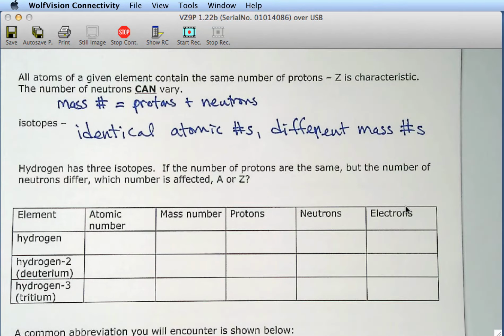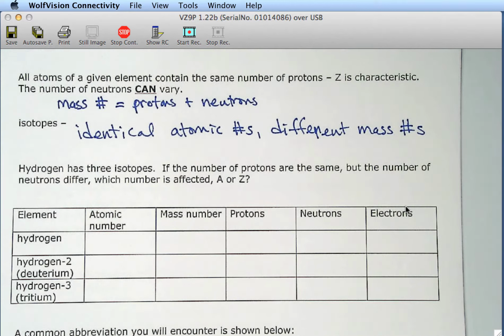So for each element, there can be several isotopes that exist. Hydrogen has 3 isotopes. It's hard to predict how many isotopes a given element will have, but they do exist, and there's a certain percentage of what is naturally occurring, but we don't get into this. In other chemistry classes, you might have gotten that far into it. So for hydrogen, there are 3 different isotopes.